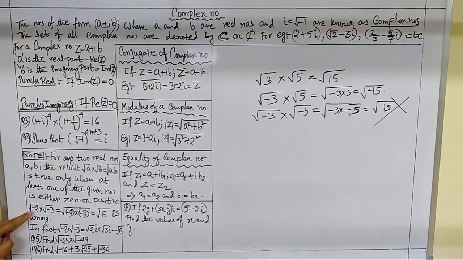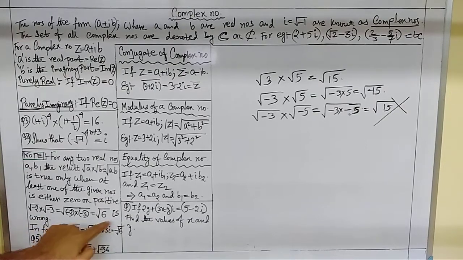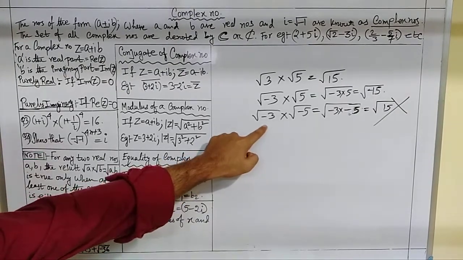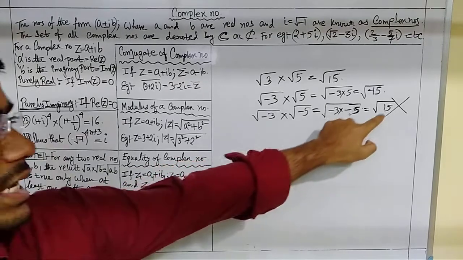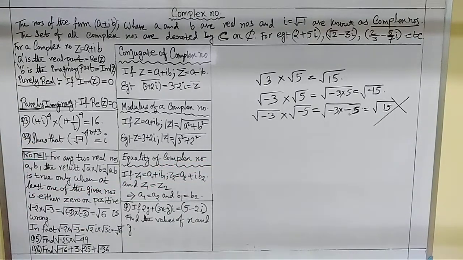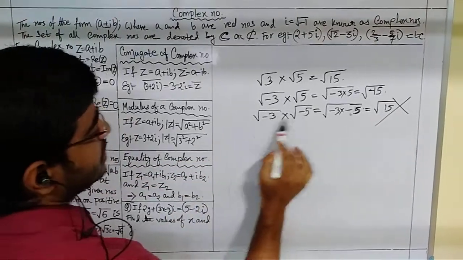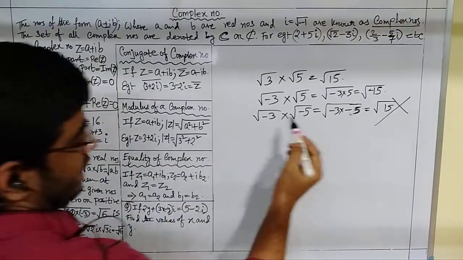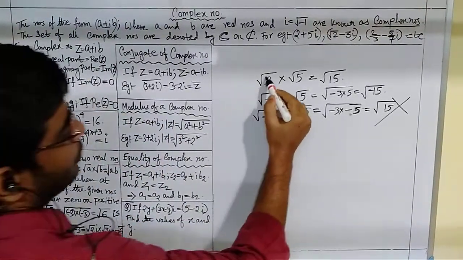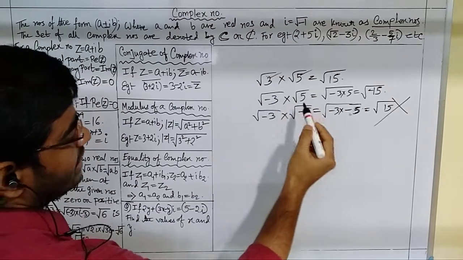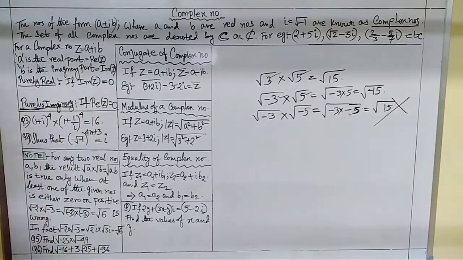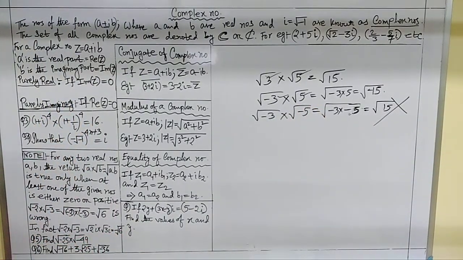That means root over of minus 2 into root over of minus 3 will not be root 6. Similarly, root over of minus 3 into root over of minus 5 cannot be root 15, because both real numbers inside the roots are negative. It can only happen if at least one of the two terms is either 0 or positive.